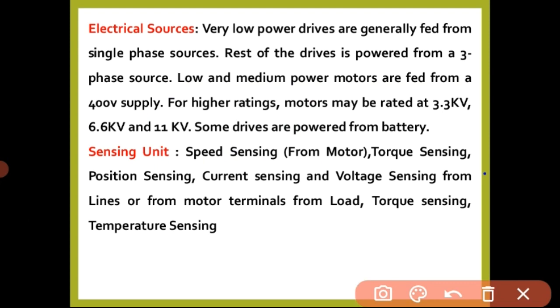The electrical source is either AC or DC depending upon the application, and may be single phase or three phase. The sensing unit senses the parameters we want to control, such as torque, position, current, voltage and temperature. This is the sensing unit's job.